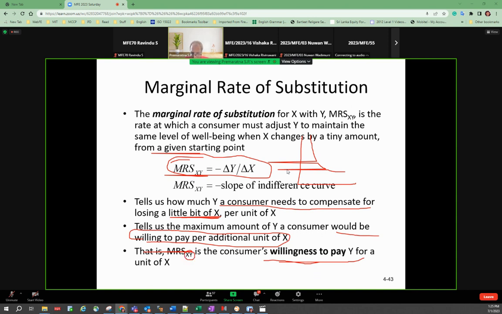Otherwise, you can say willingness to pay X for Y, and the marginal rate of substitution has to be this way. X for Y, this is Y for X.